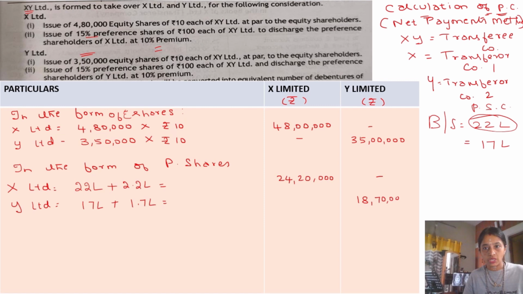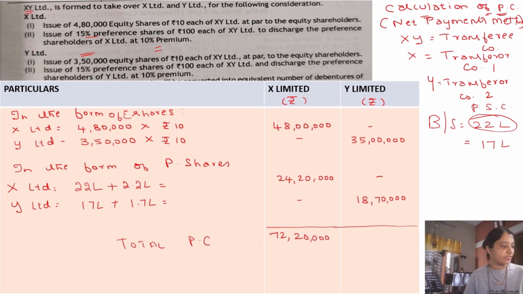70,000 to Y Limited. So given in the form of equity shares, 48 lakhs to X, and then 35 lakhs to Y. Preference shares, 24 lakhs 20,000 to X, 18 lakhs 70,000 to Y. So if you total this, the total purchase consideration of X Limited is 48 lakhs plus 24 lakhs 20,000, which comes up to 72 lakhs 20,000, and 35 lakhs plus 18 lakhs 70,000 will come up to 53 lakhs 70,000.